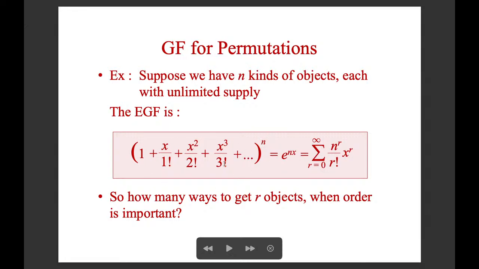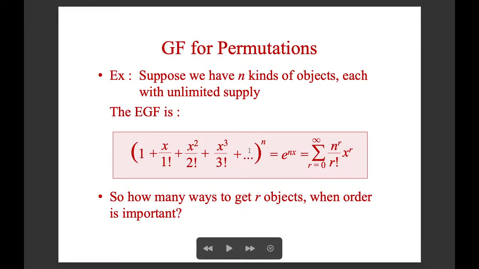This thing is the EGF for one particular object because there is exactly one way of choosing 0 of this type of objects, exactly one way of getting one of these objects, exactly one way of getting 2 of these objects, and so on and so forth. So for each particular object, the exponential generating function is exactly e to the power x.